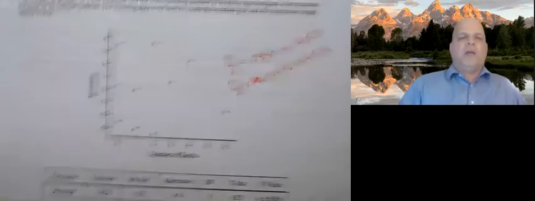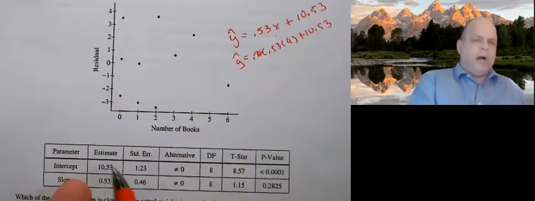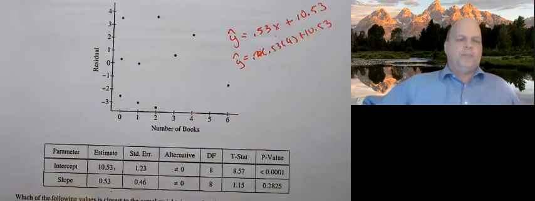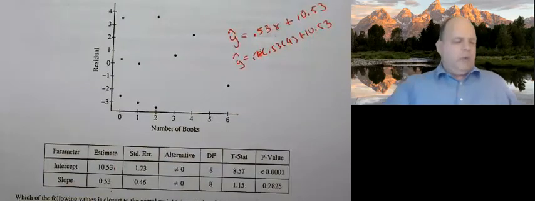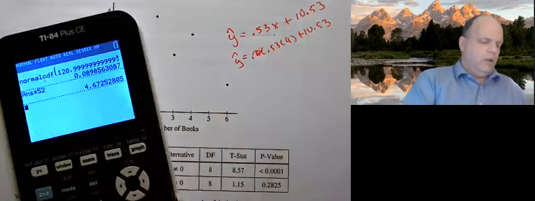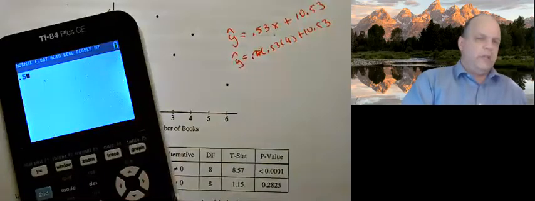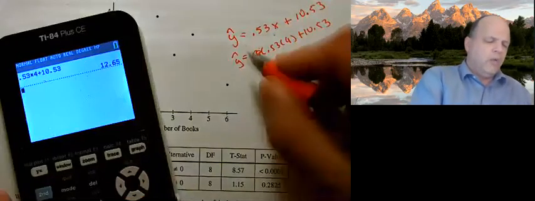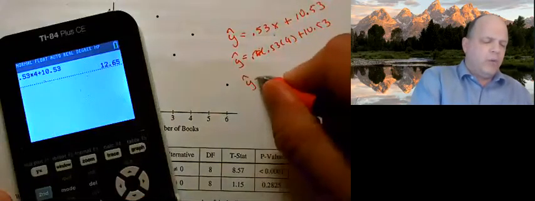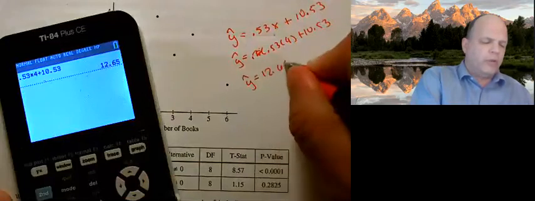By the way, once again, this is my y-intercept and this is my slope. When I do that, 0.53 times 4 plus the 10.53, we expect the backpack to weigh 12.65 pounds.